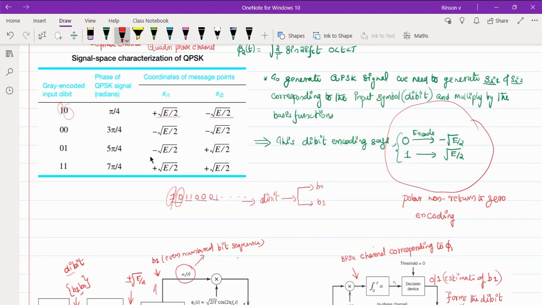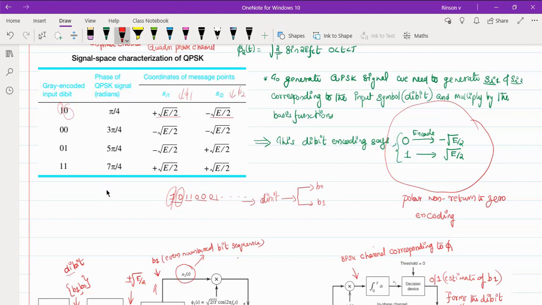So if I have a 1 here, I have a plus root E by 2 here, and if I have a 0 here, I have a minus root E by 2 here. If I have 1 here, then I will have a plus root E by 2 here. So this is Si1 and this is Si2. Then multiply this with phi1, and this with phi2, and add them together to form the QPSK signal.